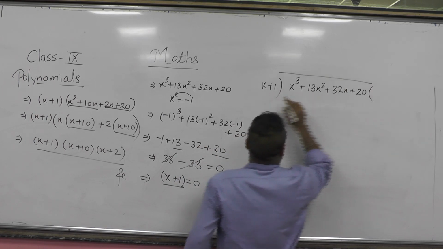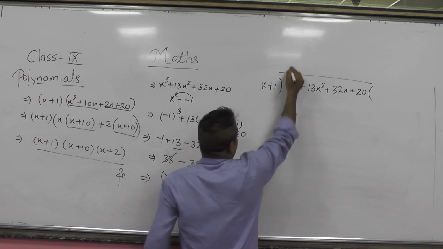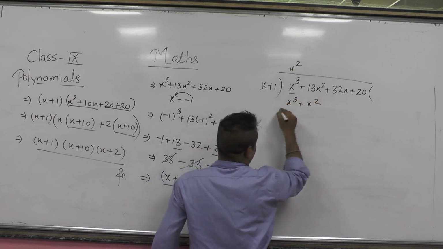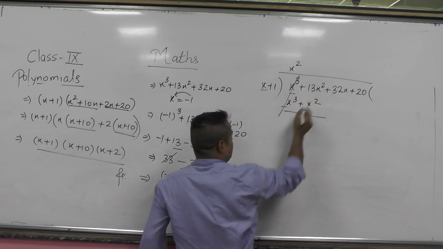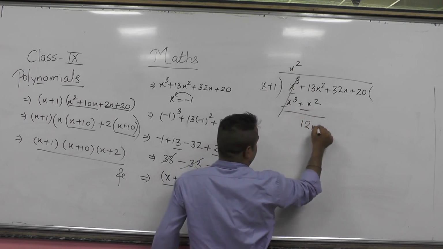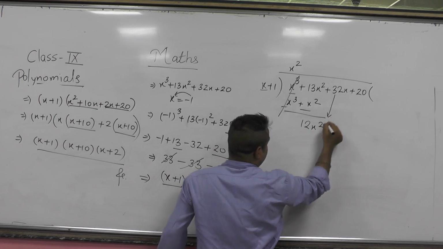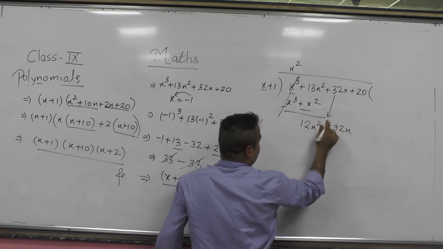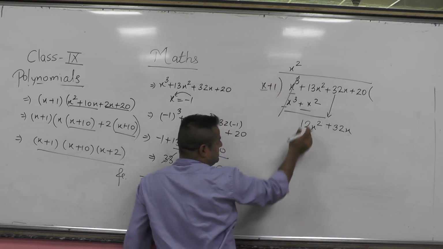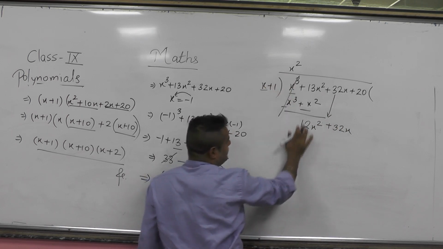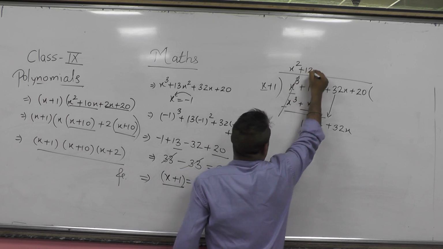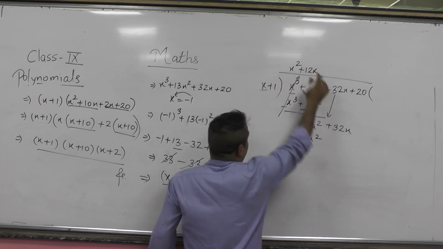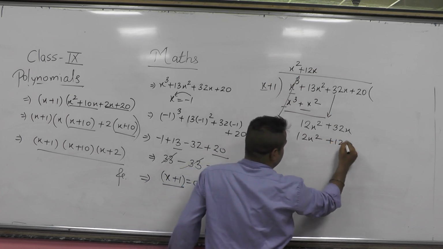Okay, now see, here x cube, we can divide it by x, so that x cube plus x square will remain. Again we subtract, this will get cancelled, and this will result in 12x square. Then the next term will come down, which is 32x. Now again we are dividing 12x square by x, so we multiply by 12x here. 12x and x will become 12x square, and 12x ones is 12x.